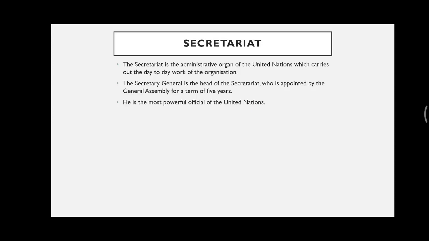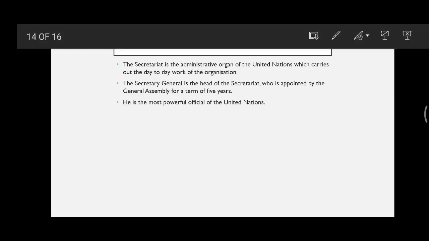Next is the Secretariat. And students, in order to maintain the day-to-day work of the United Nations, a body has been formed, and this body is known as the Secretariat, which is the administrative organ of the United Nations, and this carries out the day-to-day works of the organization. The Secretary General is the head of the Secretariat, and this person is appointed by the General Assembly for a term of 5 years.